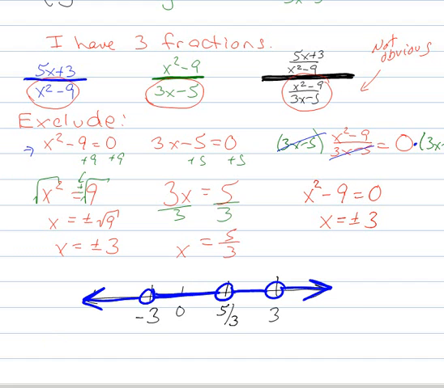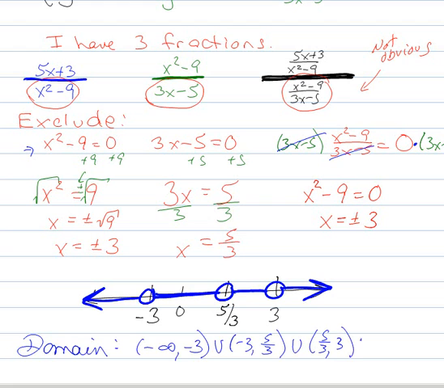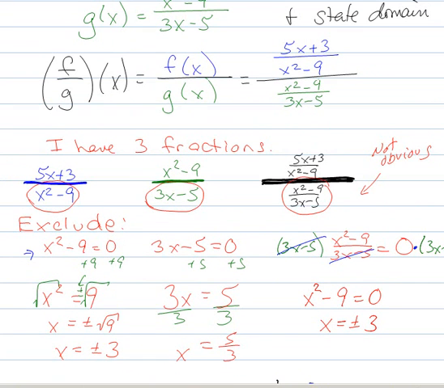It just takes a little bit of time, and it's not maybe something that you'd initially think about doing. All right, so our domain goes from negative infinity to negative 3, negative 3 to 5/3, 5/3 to 3, and then 3 to infinity. All right, so there's actually 4 sections at work. And I promised we'd go back and finish this.